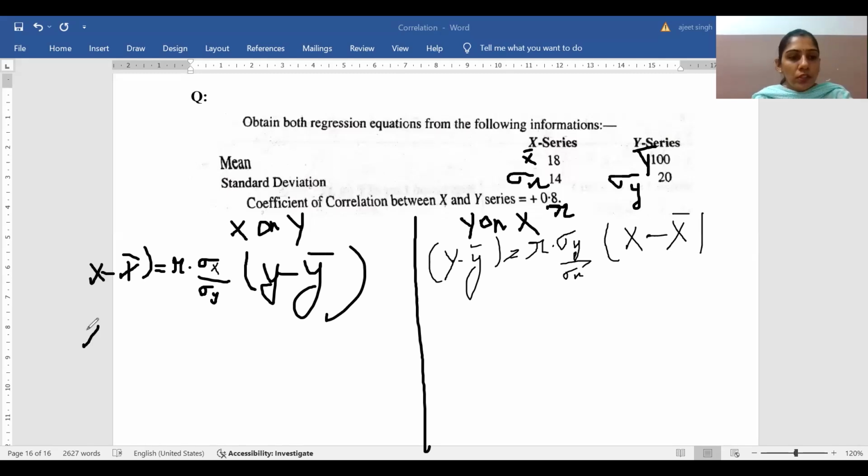So let's solve the first equation, which is x minus x bar. The value of x bar is given in this question, which is 18, is equal to the value of r, which is plus 0.8, multiplied by the standard deviation of x, which is 14, divided by the standard deviation of y, which is 20.